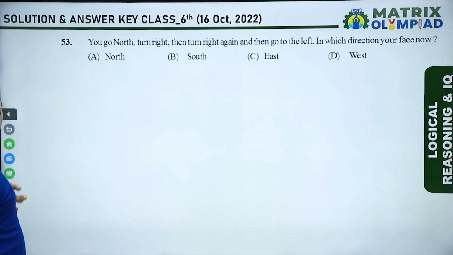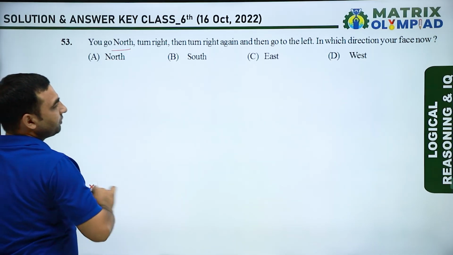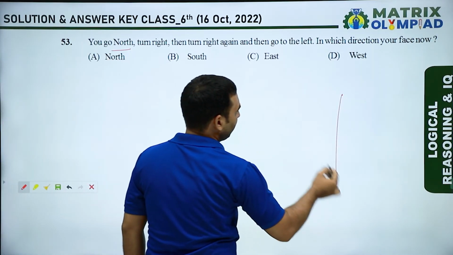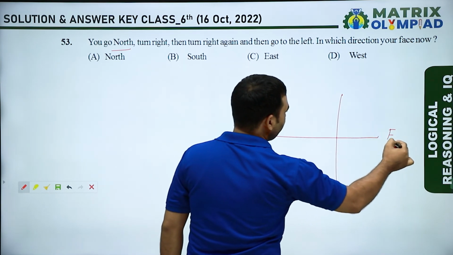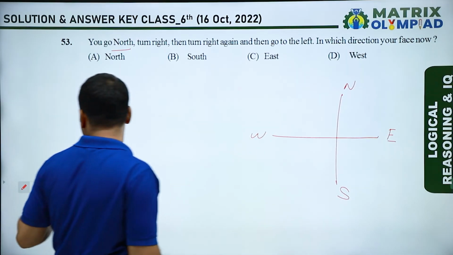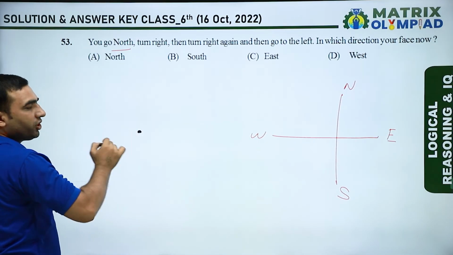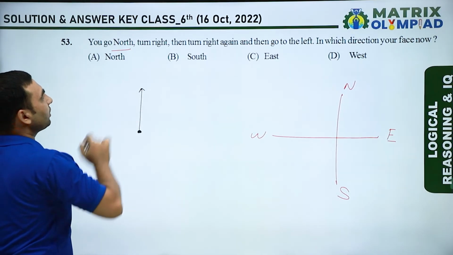It belongs to the direction sense test. You go north. If I say this is our direction, east, west, north and south. If you go north, then, if this is your starting point, you get north.